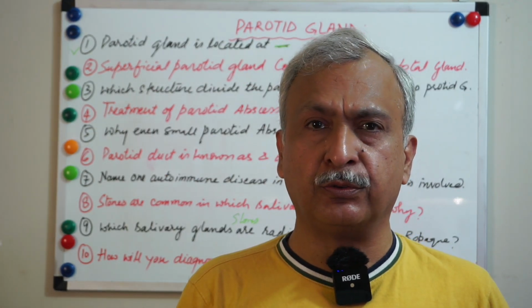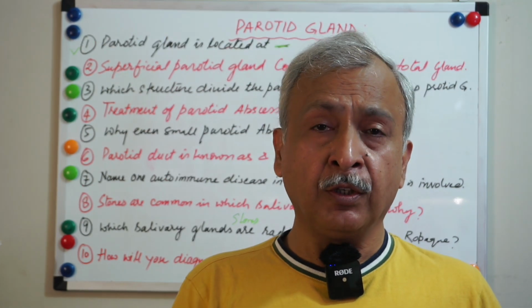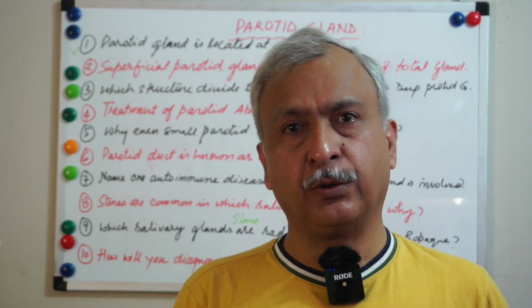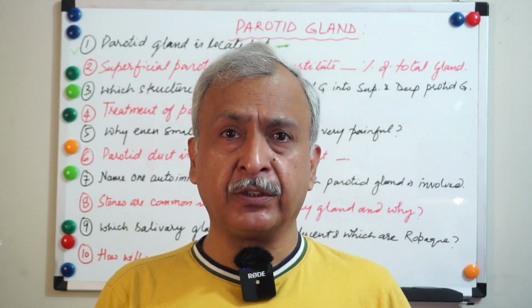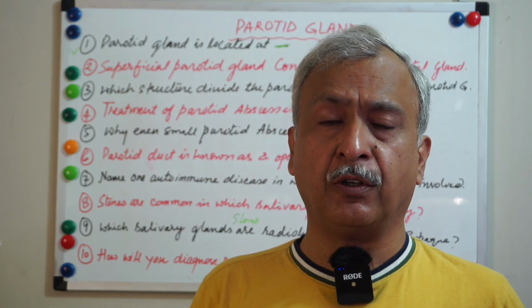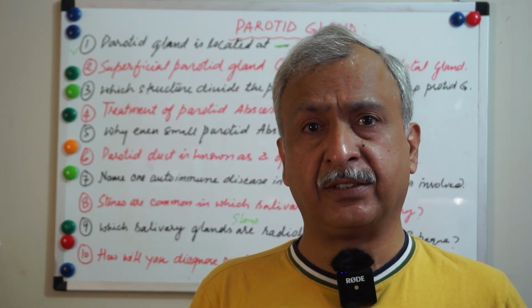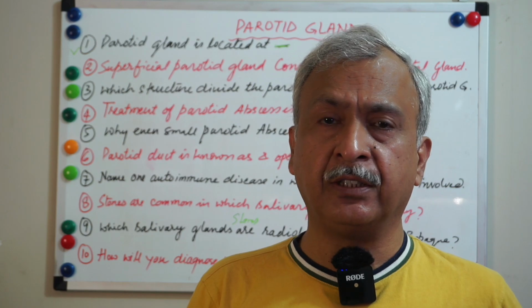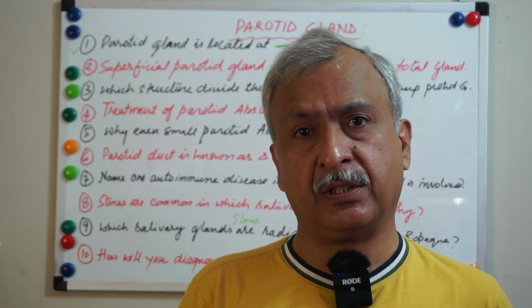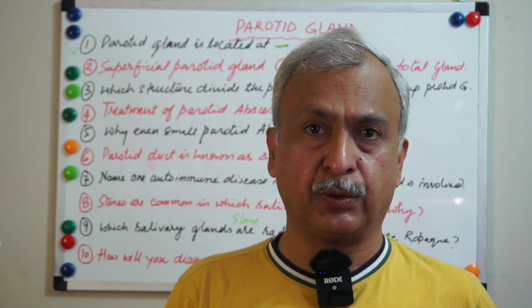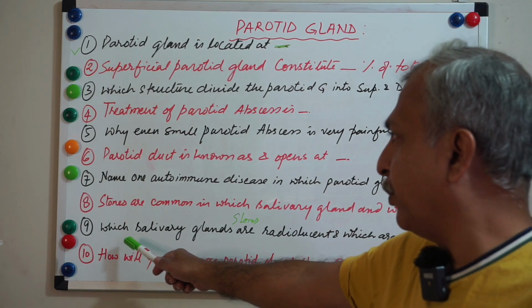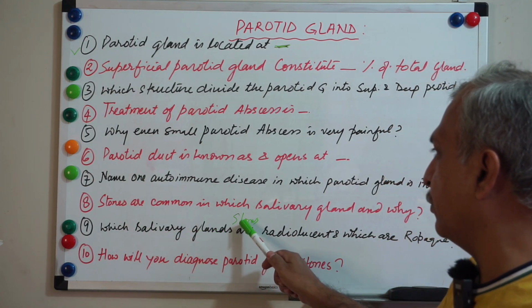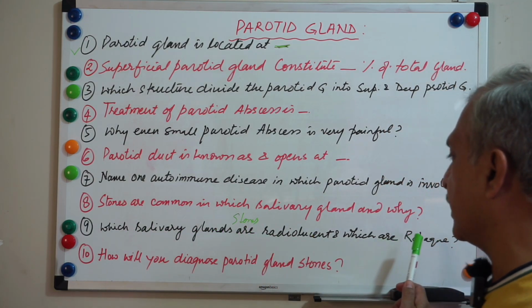Both are used to locate the stone. But if the stone is radiolucent, you will not be able to see it on X-ray or CT scan. For that you have to have access to the ultrasound to locate the stone. So this is the importance of knowing which salivary gland stones are radiolucent and which are radio opaque.